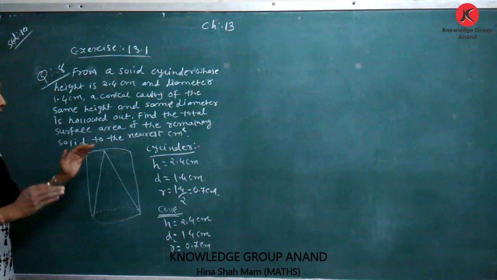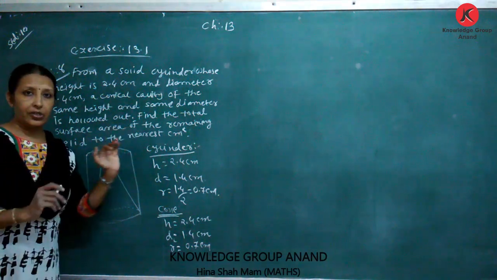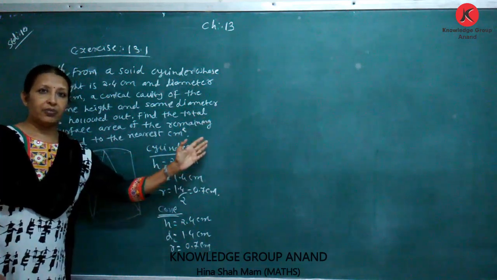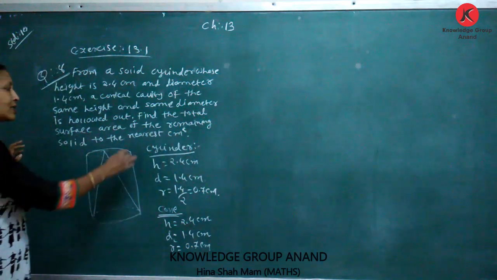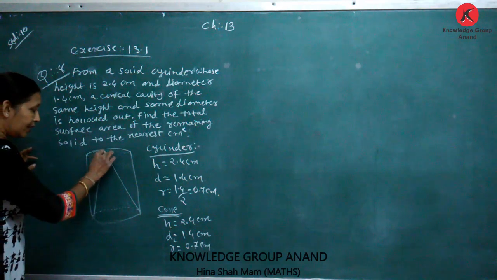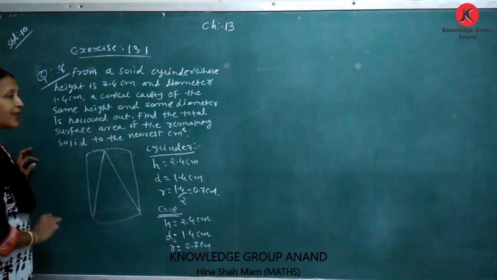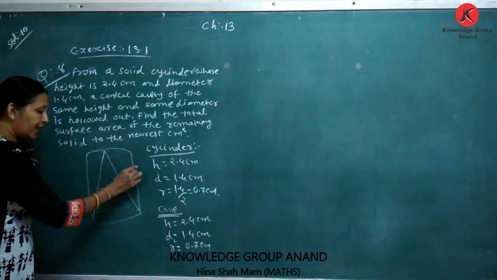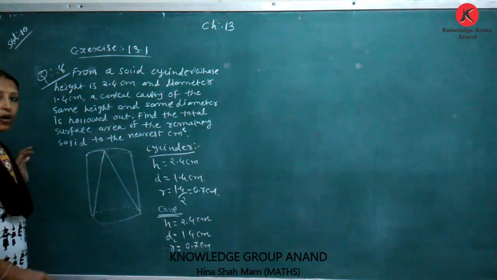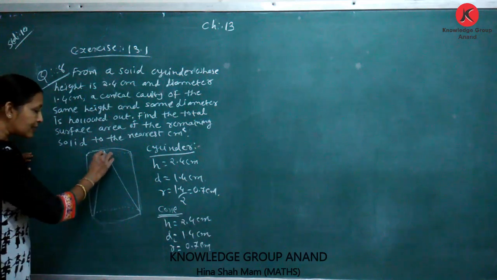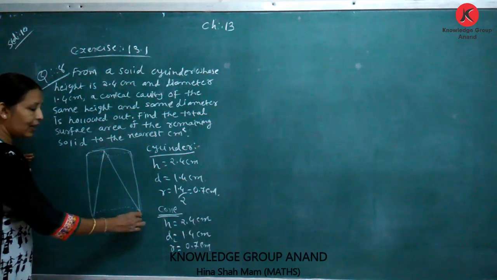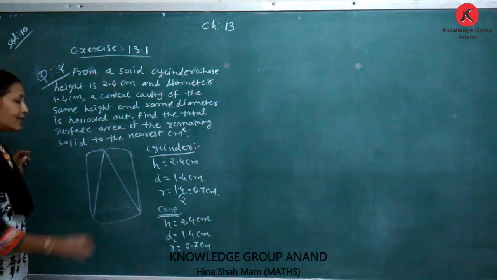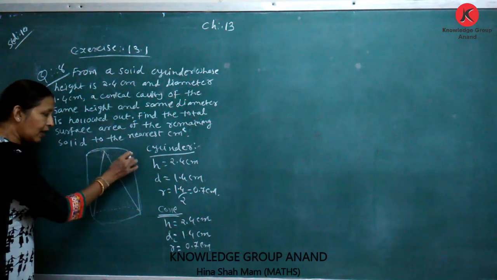Therefore, it is written in integers. Suppose 4.5, then we write 5 centimeters square, like this. Nearest centimeter square. Find total surface area. Total surface area means curved surface area of cylinder plus curved surface area of cone and the surface area of this part.